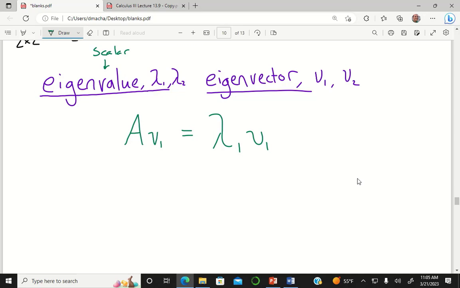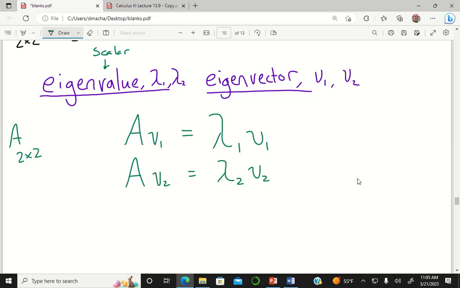Okay? So if A is a 2 by 2 matrix, then the matrix A is going to have 2 eigenvectors, and it's going to have 2 eigenvalues. You can't have 3 distinct eigenvectors, and you can't have 3 distinct eigenvalues unless A was a 3 by 3 square matrix, and then you could have 3 eigenvalues and 3 eigenvectors, right?